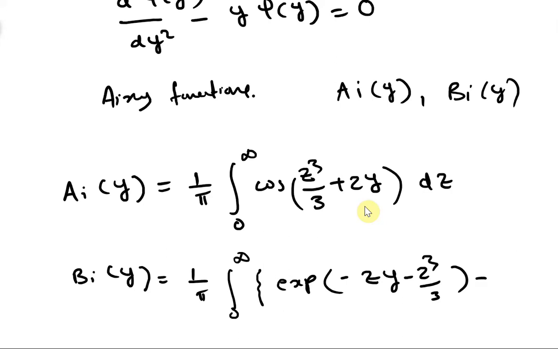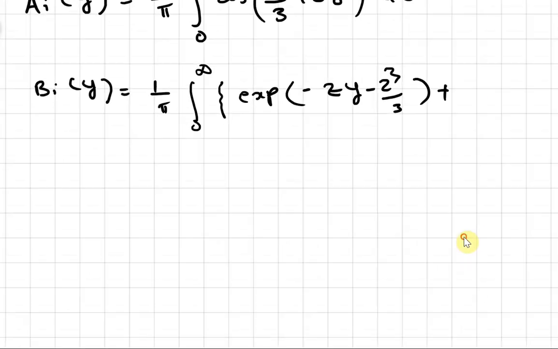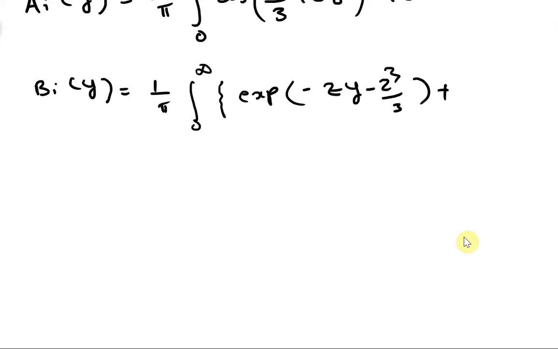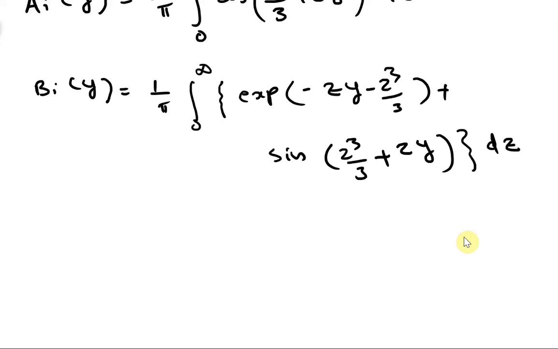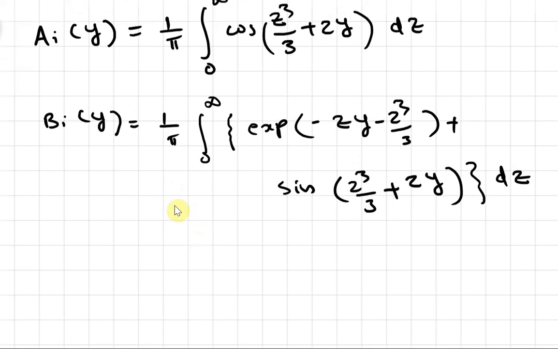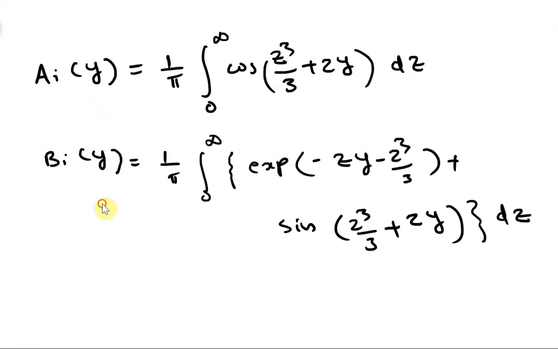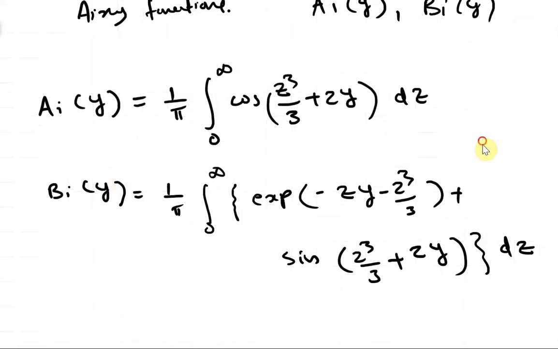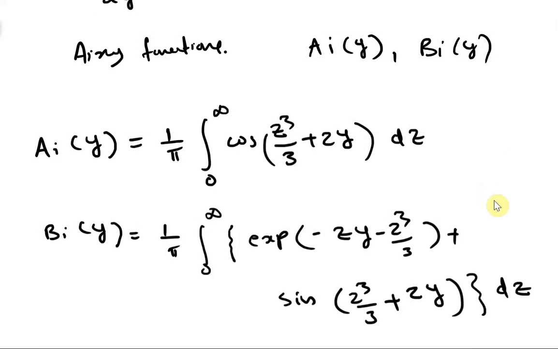In addition to that, we have one more term, that is sine of z cube by 3 plus zy dz. So this is going to be the expression for Ai(y) and Bi(y). That's the general functional form.